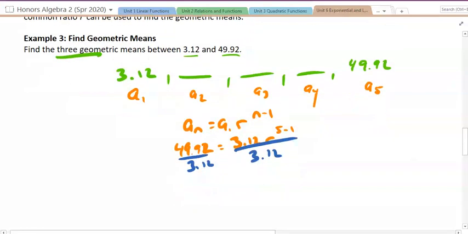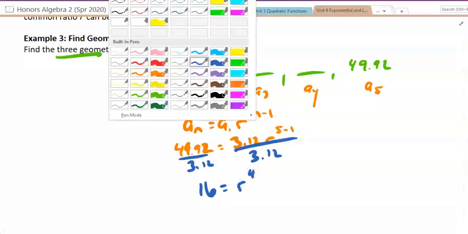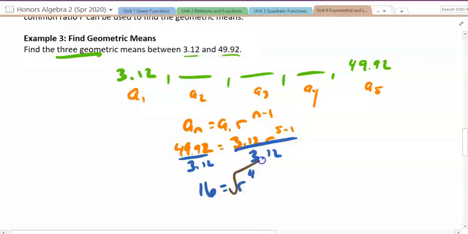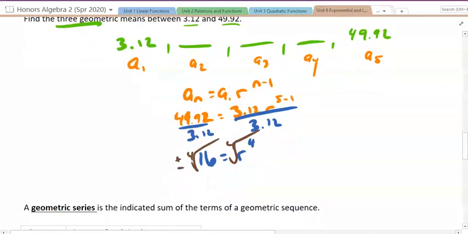Dividing that, we get 16. So 16 is equal to r to the 4th, because 5 minus 1, right? And so now I'm going to take the 4th root of both sides. And don't forget that when I take an even root, what do we need in front of the radical? We need our plus or minus. And so our r is positive or negative 2.